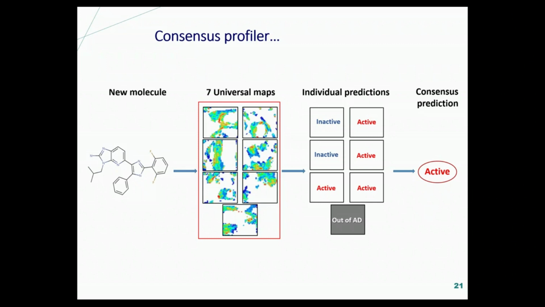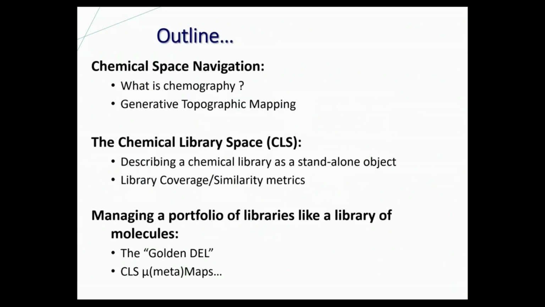And then there's a consensus prediction that gives actually rather robust outcomes for more than 700 targets now, because we use 230 to fit. And then we could show that the predictive power extends to many other targets, up to 750 that were validated in this way from ChEMBL. Okay, so I hope I convinced you that generative topographic mapping is something worth looking into.